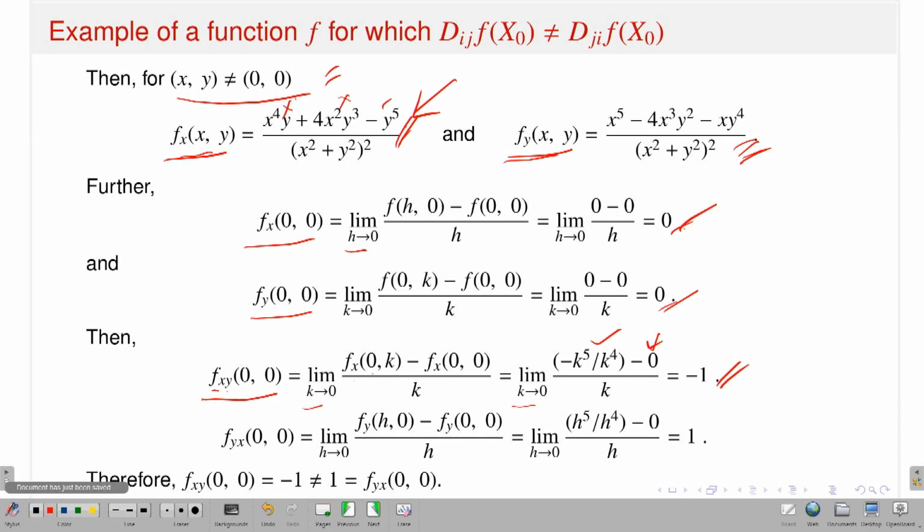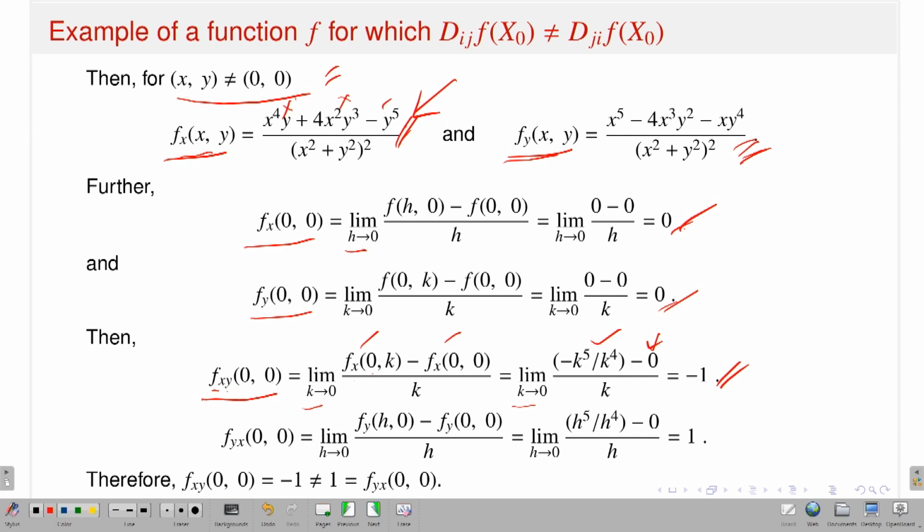So, to talk about the partial derivative or second order partial derivative f_xy at the point (0,0), first you need the partial derivative of f with respect to the x variable at each point. Then only can I talk about the limit of the second order partial derivatives at the point. Unless your first order partial derivative is defined in a neighborhood of (0,0), I cannot talk about the second order partial derivatives.